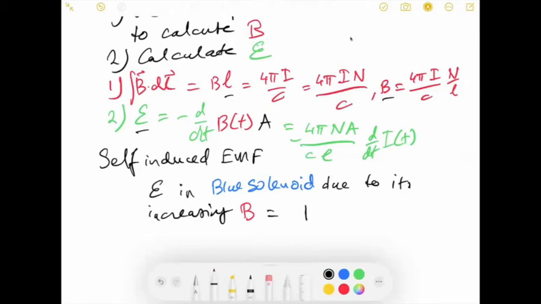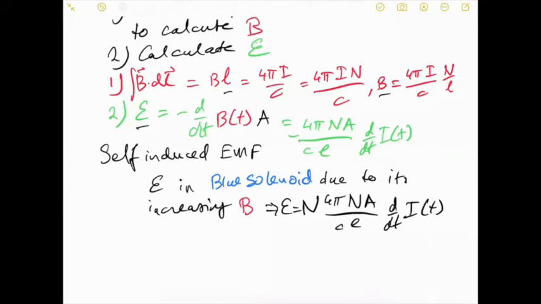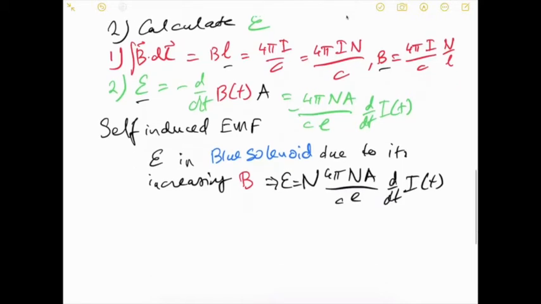So E is N times the other E that we had. So that's our 4 pi N A over CL dI/dt. So in other words, the EMF that the blue solenoid induces in itself is equal to this expression.